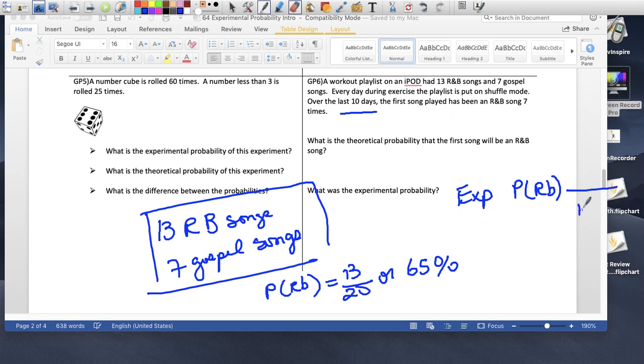So in the past 10 days, you pressed play, and how many times did an R&B song come up? 7 times. So your experimental probability was 7 out of 10. Was that a little bit higher? Yes, it was, because 7 out of 10 is the same thing as 70%. Okay, there's no other question, that's it.